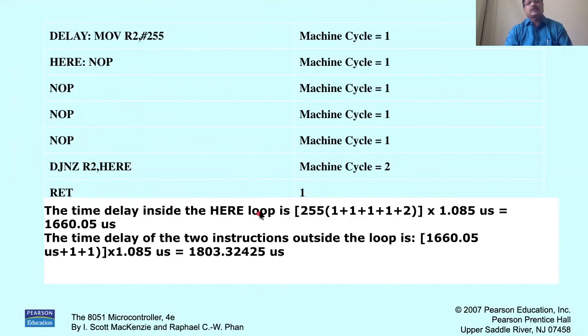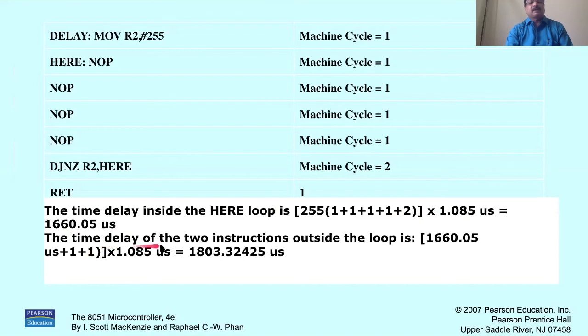Now for the here loop, 255 into 1 plus 1 plus 1 plus 1 plus 2, that is the machine cycles required for each instruction, and into 1.085 will give you 1660.05 microsecond.